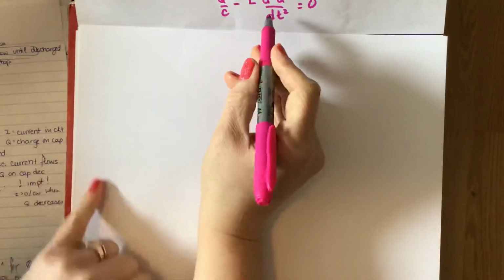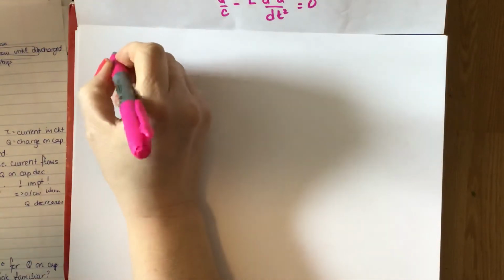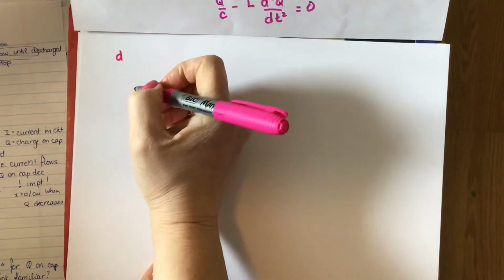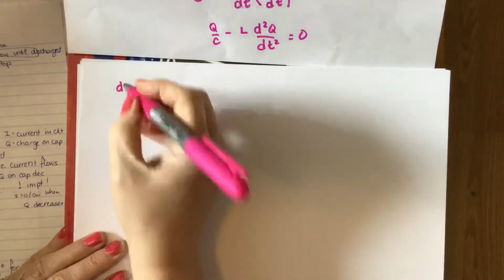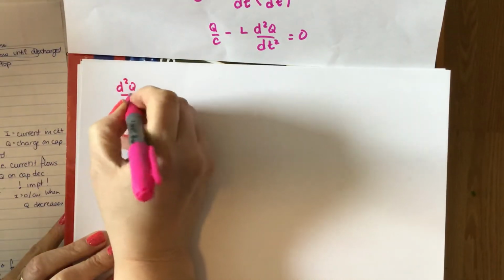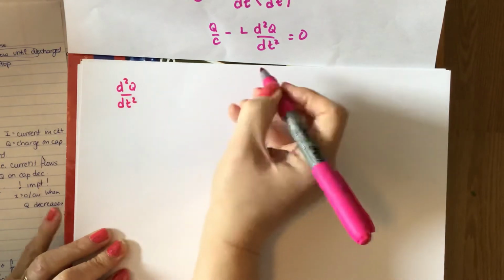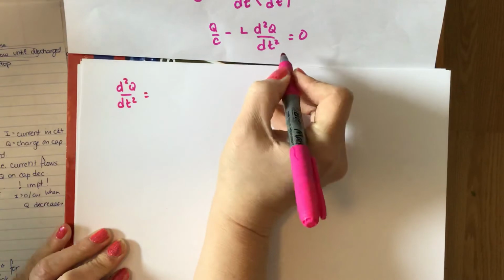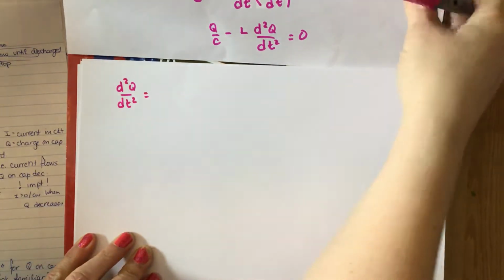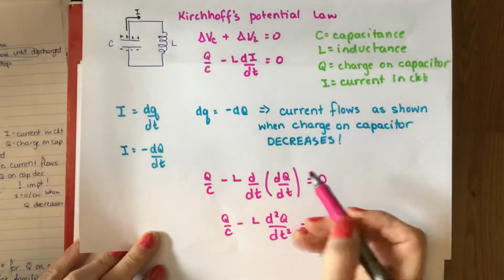So if we wanted to get our derivative on one side, we would have the second derivative of charge with respect to time equals, I'll bring my Q over C to the other side and divide both sides by L. Oh my goodness, I dropped a minus sign.